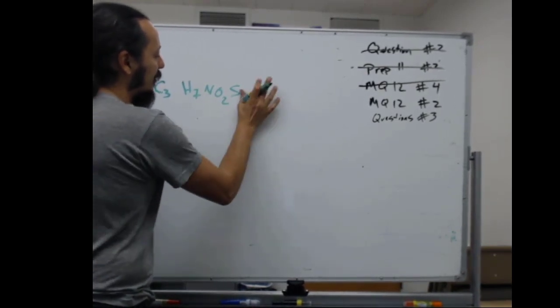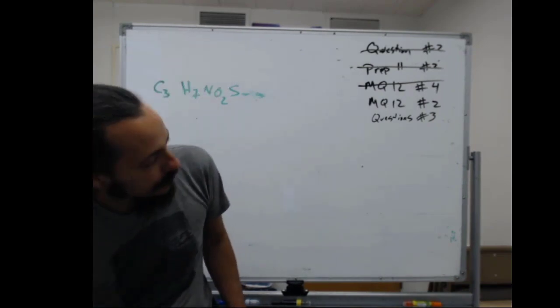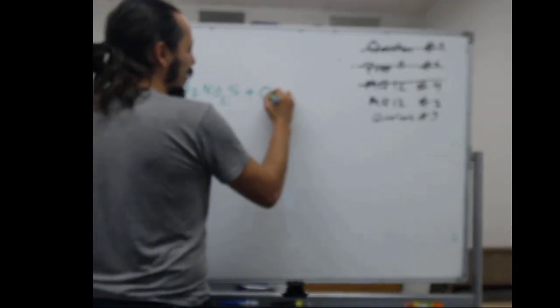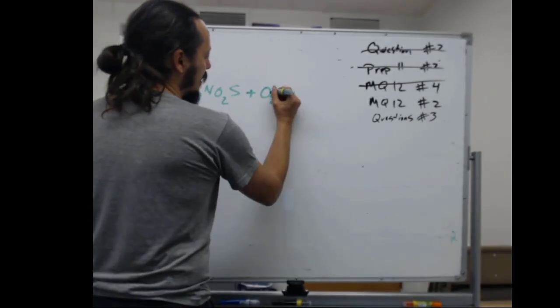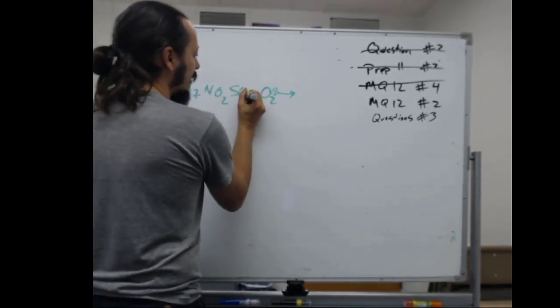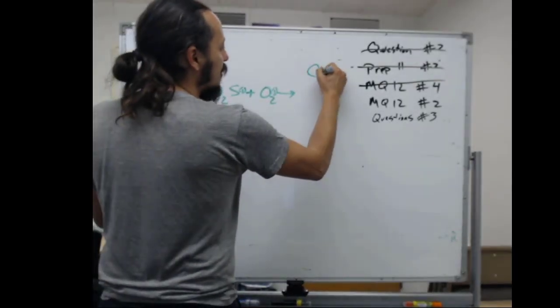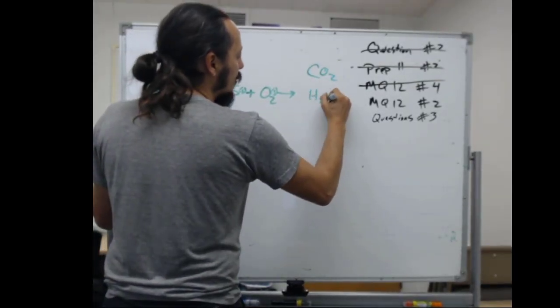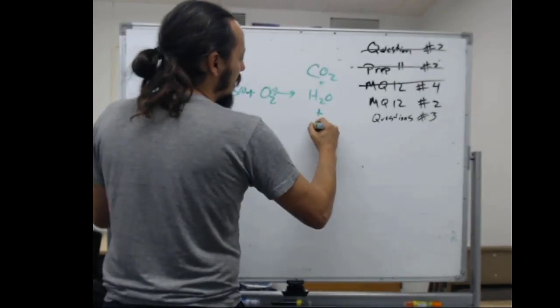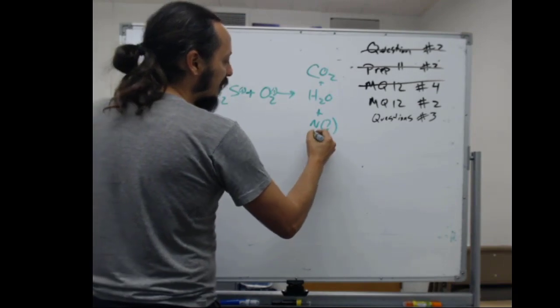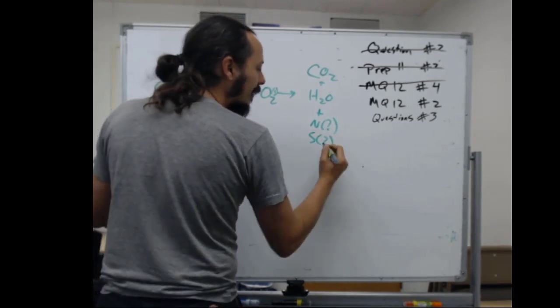And I'm like, well, plus O2, needs states of matter, gas, solid. And this is going to go to some products. It's going to go to CO2, H2O, some nitrogen thing, I don't know, some nitrogen thing, and some sulfur thing. And I don't know what the sulfur thing is.